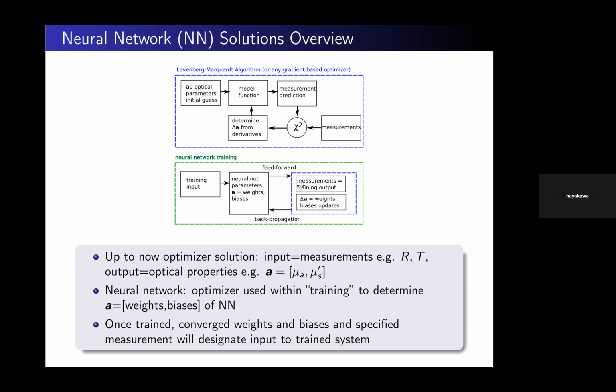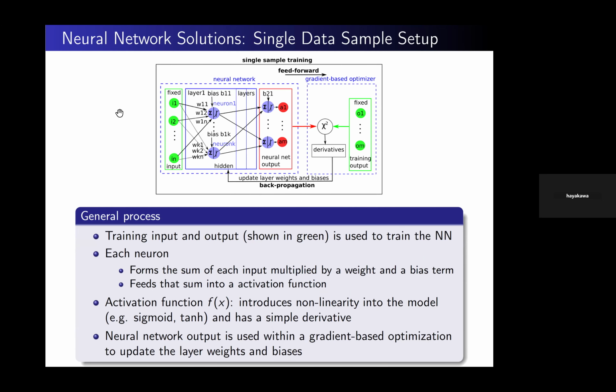And in the neural net, we're not looking for optical properties anymore. We're looking for the parameters of the neural net, so the weights and biases. And then once we've trained the neural net, we can look for the optical properties. Okay, so I'm going to show a single data sample setup.